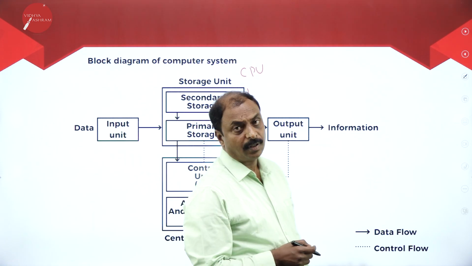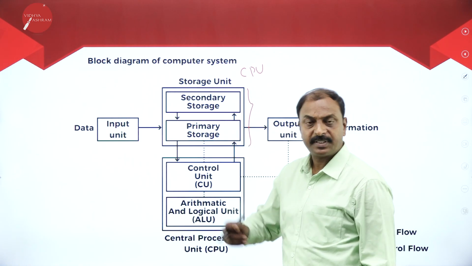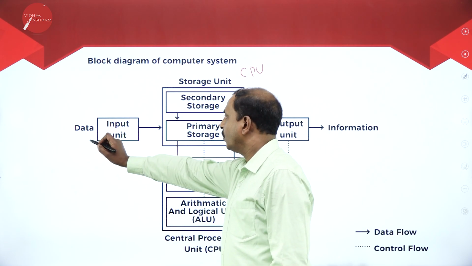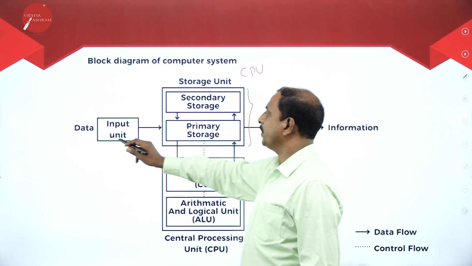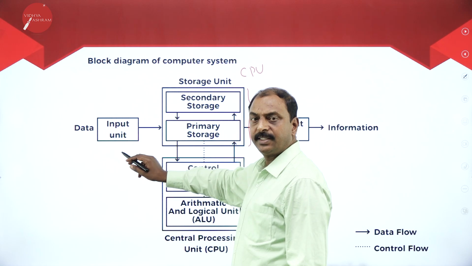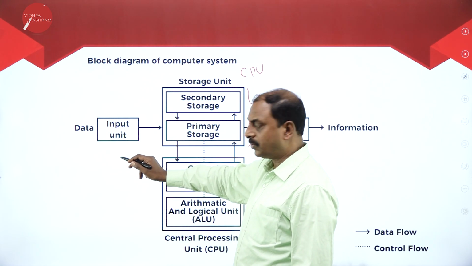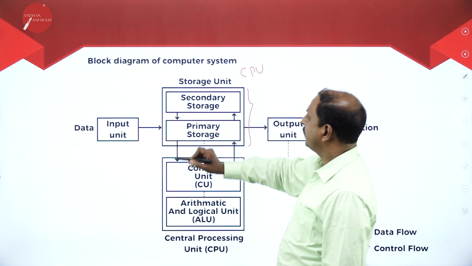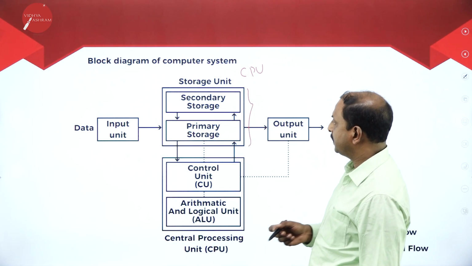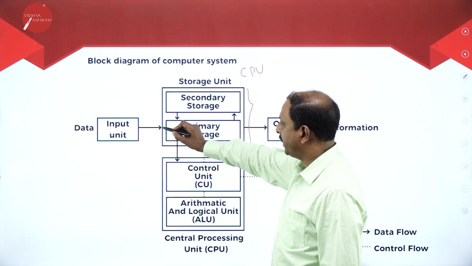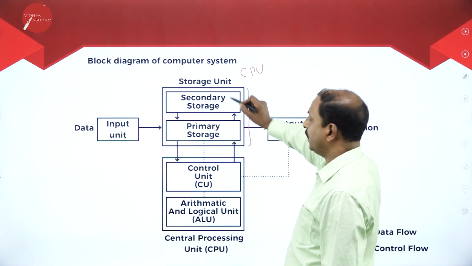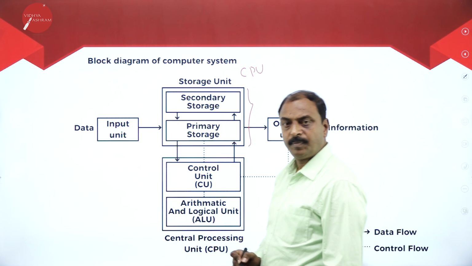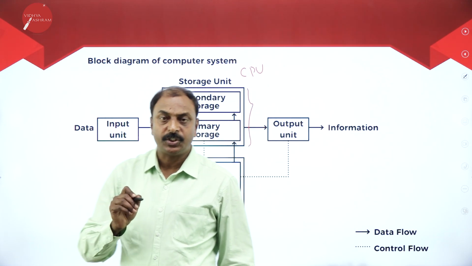So here, as we have seen in the previous slide, data first goes to the computer system through input devices. Examples are keyboard and mouse. Through the input device, the user enters the data. When the data is entered through input devices, it is first stored in computer memory along with the instructions.